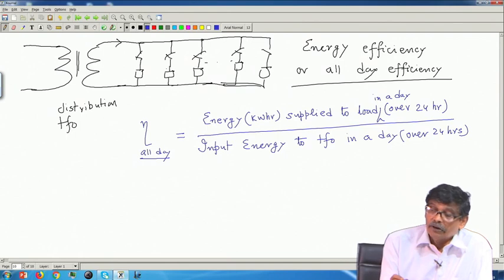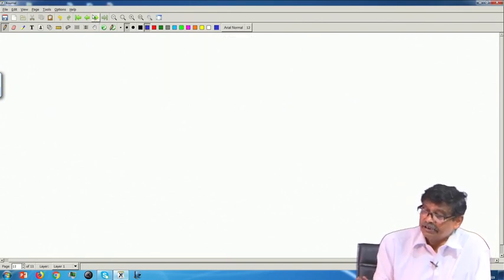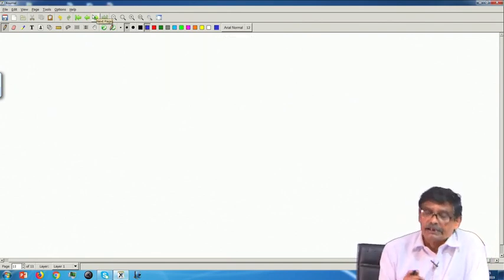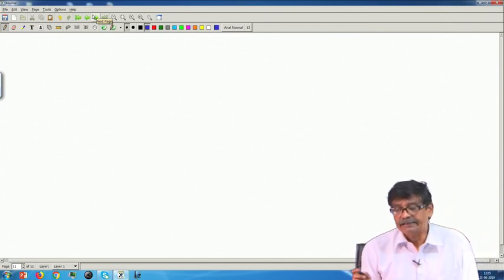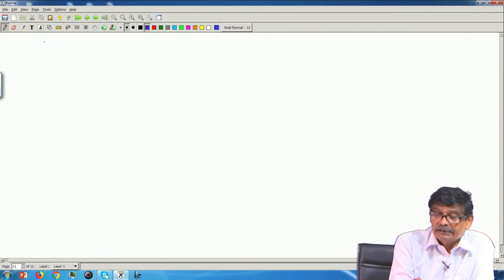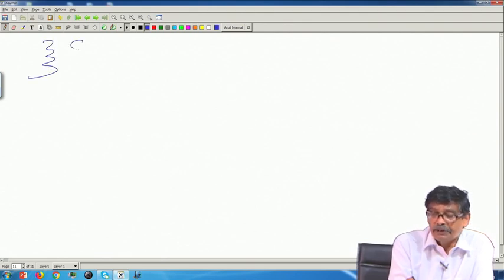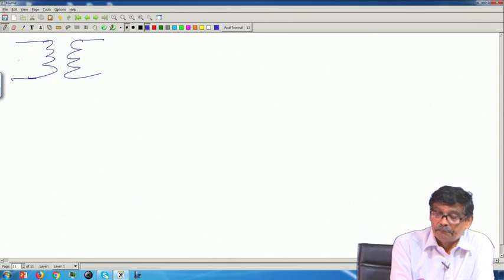Okay. Now, what are the informations needed to find out the energy efficiency? Suppose this is the primary. Mind you, in a distribution transformer, this primary is energized for 24 hours, at voltage V1 and frequency f.